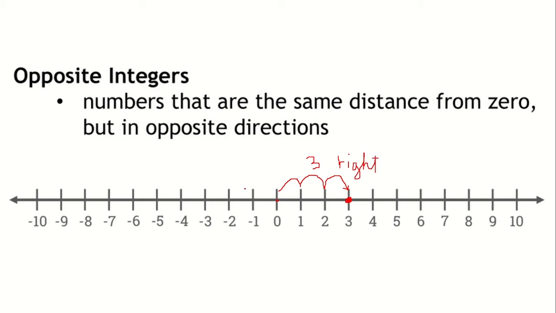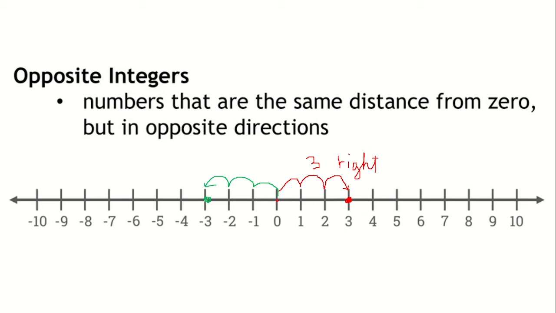What we're looking for now is another number, but when we base it from 0, the distance would still be 3, but this time in the opposite direction. Since we went to the right, this time we will go to the left. So from 0, we move 3 units to the left. 1, 2, 3.